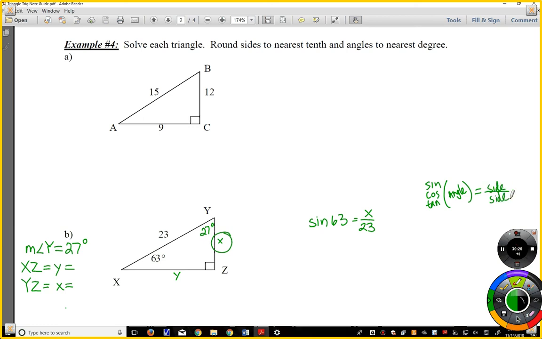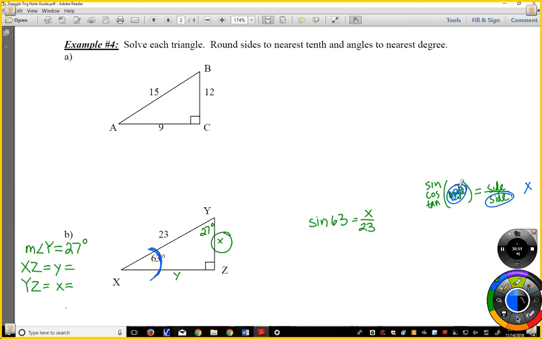By deciding that you're going to find x, you've just said one of these things over here is going to be x, okay? So one side is going to be x. Whether it's top or bottom kind of depends on how you set up the equation. But that means that your other side and your angle need to be numbers that you know, or else you're going to end up with an equation with too many variables in it and you can't solve it. So then you have to pick an angle to focus on. So let's say I say, okay, I'm going to do everything from the 63-degree angle.